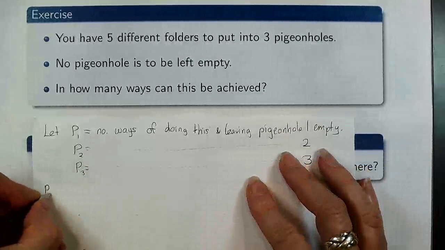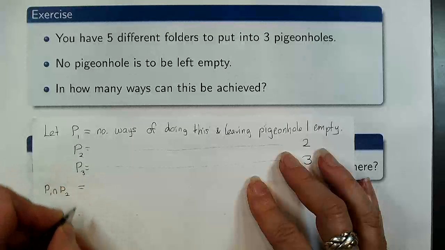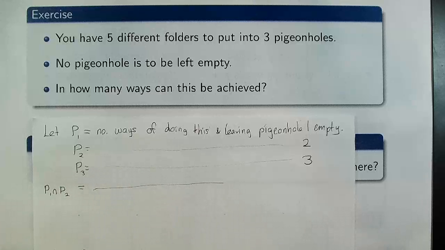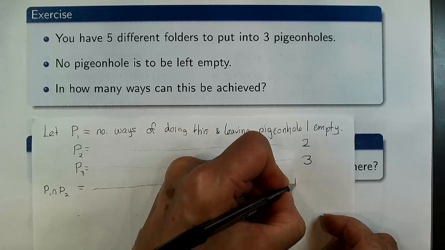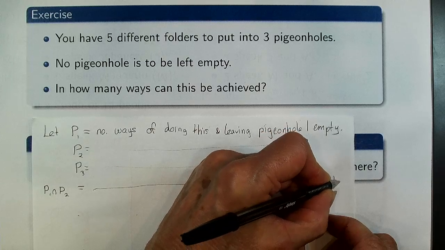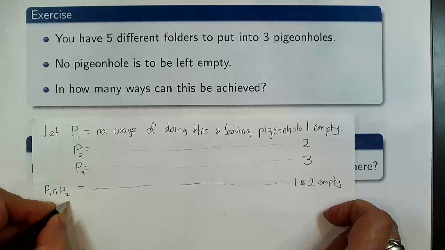What's P1 intersect P2? That's the number of ways of doing this, leaving pigeonholes 1 and 2 empty. And the same with P1 intersect P3.